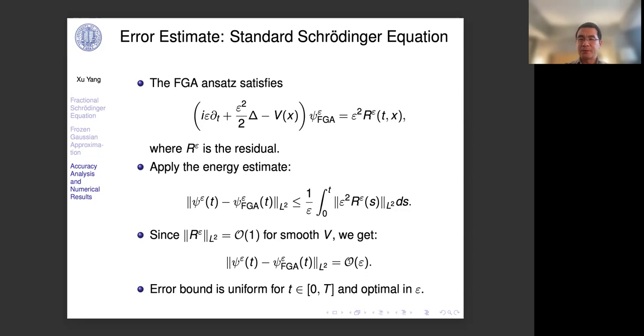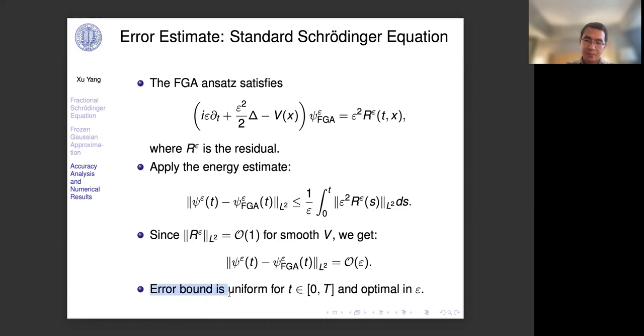And of course, this order is not a one-time thing. We can systematically improve the accuracy by adding more corrections on the amplitude. We can derive an equation for the corrections on A0, so we can derive another amplitude equation for A1, and if you use A0 plus A1 as the asymptotic expansion, then you can improve the accuracy to big O of epsilon squared.